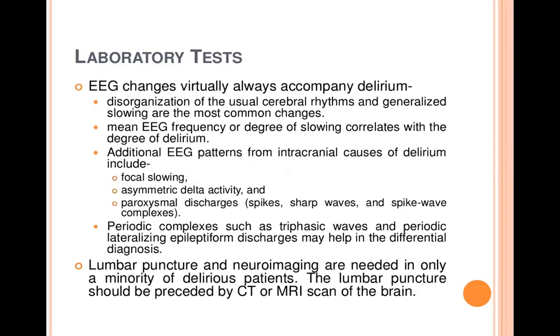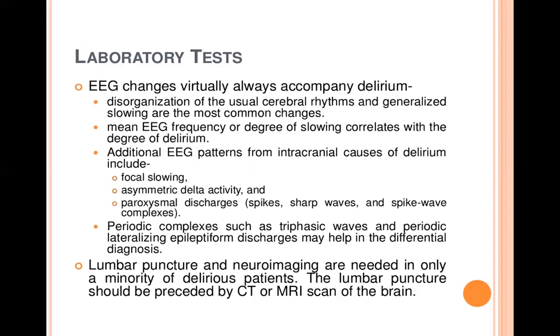Additional EEG patterns from intracranial causes of delirium include focal slowing, asymmetrical delta activity, and paroxysmal discharge. We will see all these findings in the patient who is having the problem of delirium.